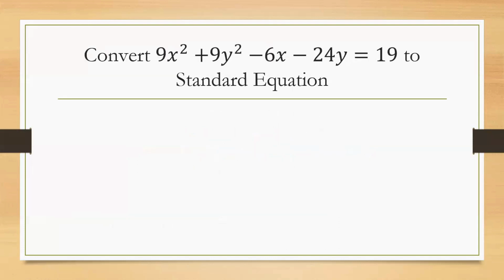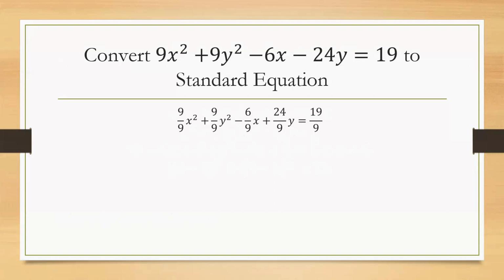Next, convert 9x squared plus 9y squared minus 6x minus 24y equals to 19 to standard equation. We could notice that our x squared term and our y squared term both have 9 as their coefficients.